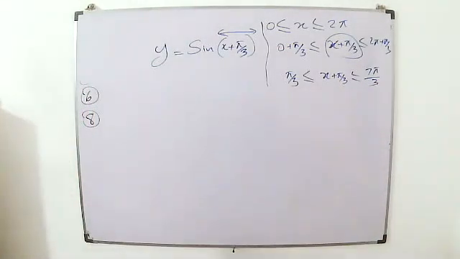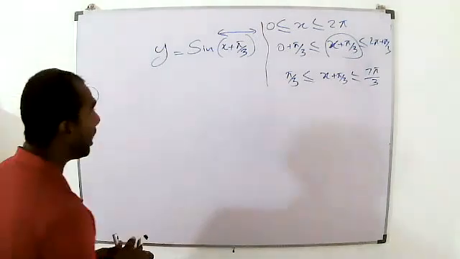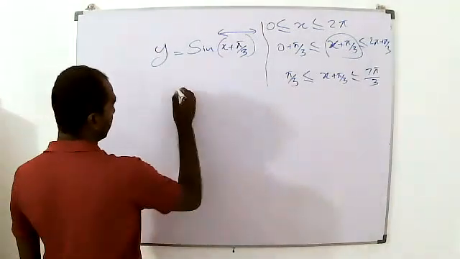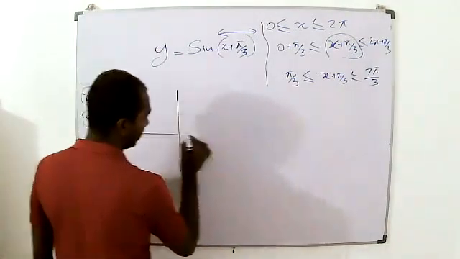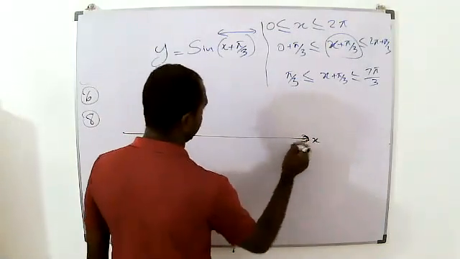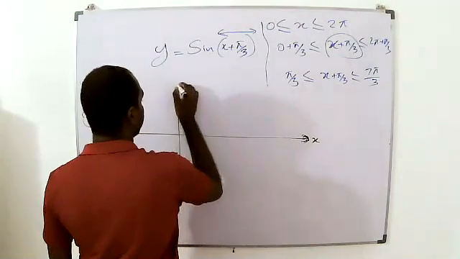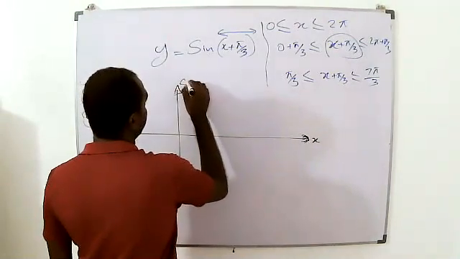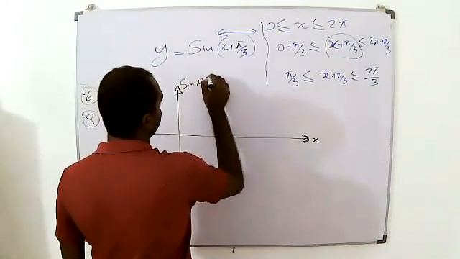Then what do we have to do? Have to sketch the graph. How can we sketch? It's not going to be the same as we did earlier. Now we have to draw. Here this axis is x and this is sine of x plus π over 3.